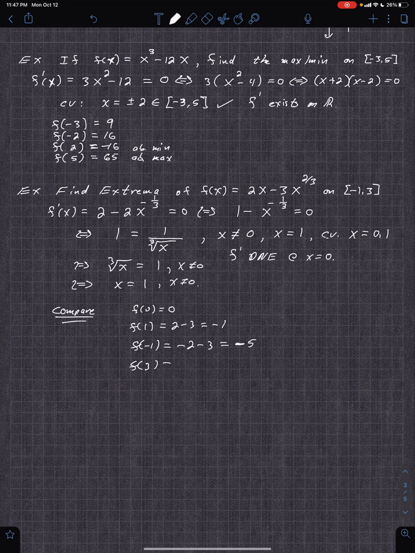F of 3 is equal to 6 minus 3 times 3 to the 2/3. Simplify that, and we'll just get an approximation. It's approximately negative 0.24. So basically, this is the absolute minimum, and this will be the maximum on that interval, of course.